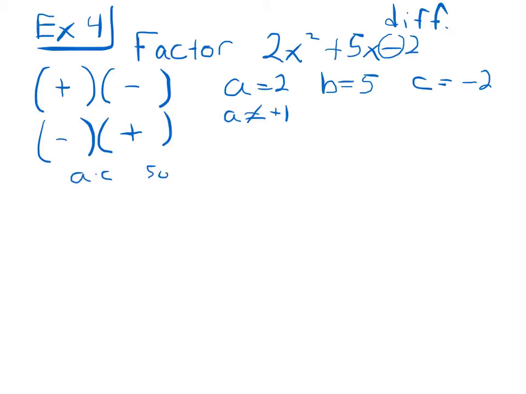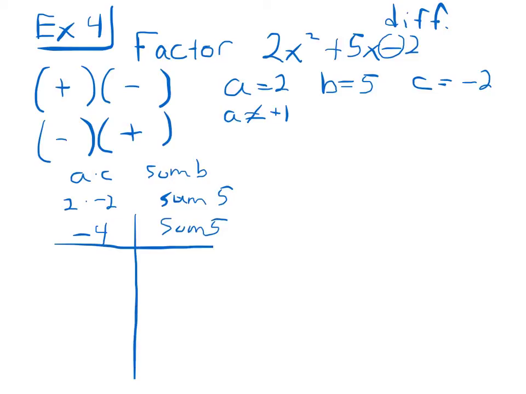AC sum of B. So my A and my C, 2 times negative 2, sum of 5. Okay? So it needs to multiply to get negative 4 and add up to be 5. Okay, so let's look at all the factor pairs that multiply to be negative 4. And I know the signs are positive and negative, right?